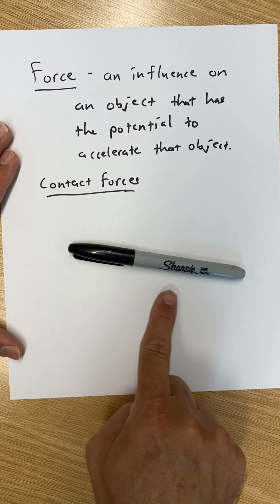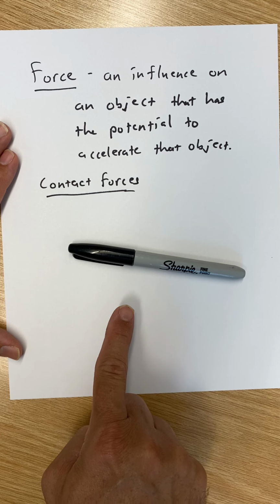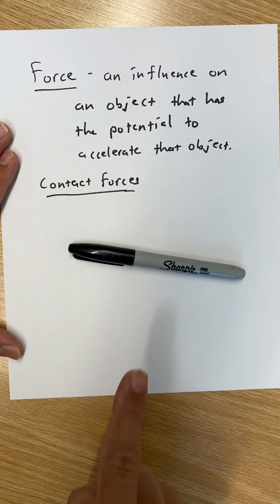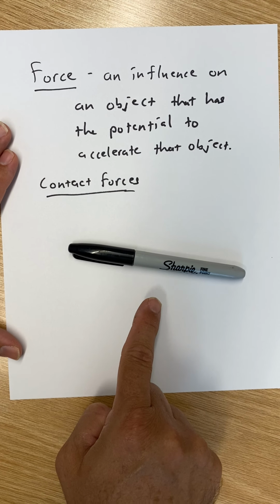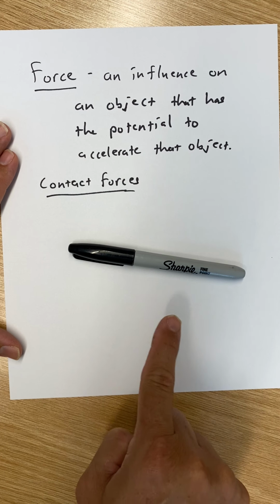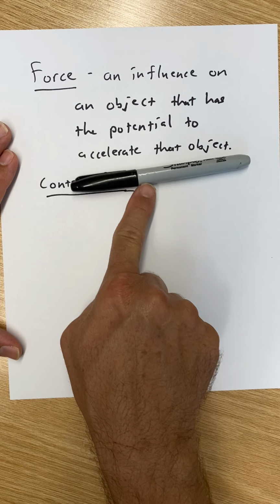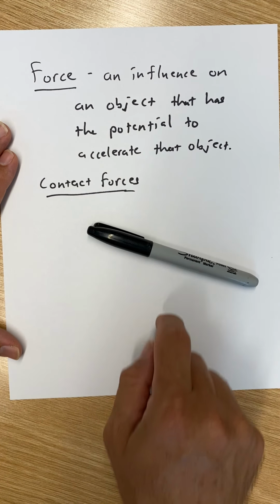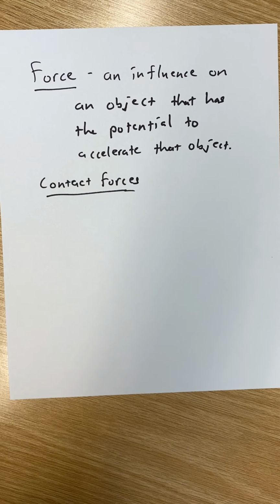As long as they're not in contact, I can't make the pen move, right? I'm not a Jedi. I can't use the force, right? That's one thing Lucas got right about the science. I can't exert a force on this thing without touching it. In other words, I have to make contact. So if I make contact with it, I can then exert a force on it and make it change what it's doing. Those are contact forces.